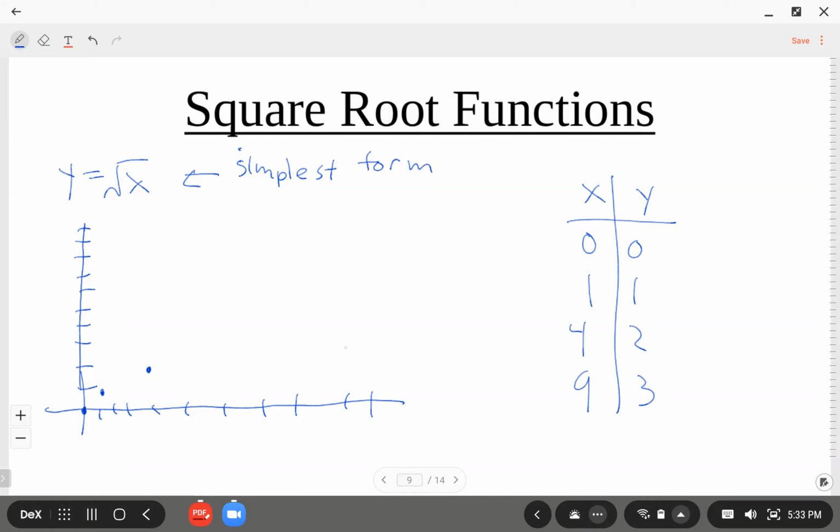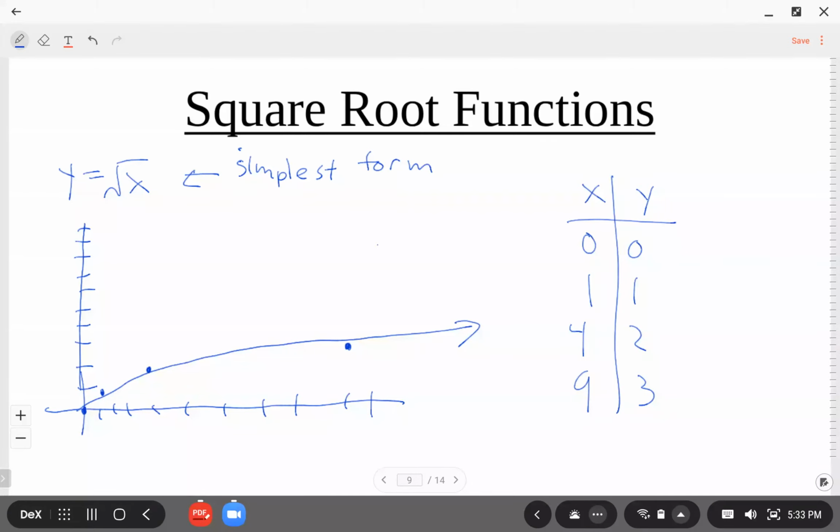You see it leaps very far. It's very slow vertically, but it grows very fast horizontally, and that is usually what a square root function is going to look like.